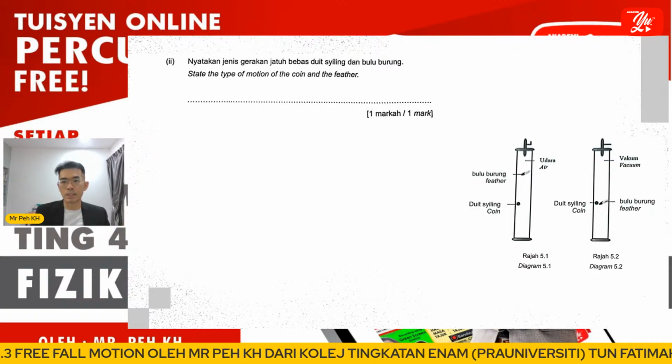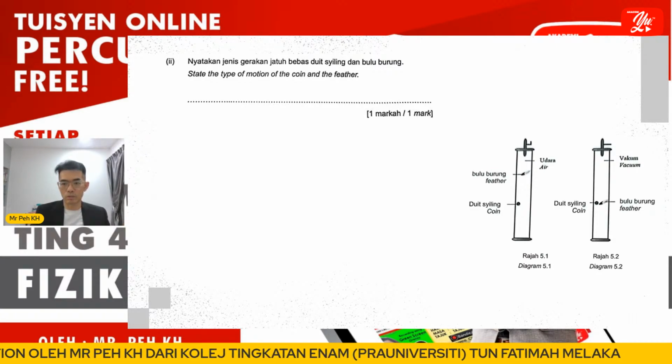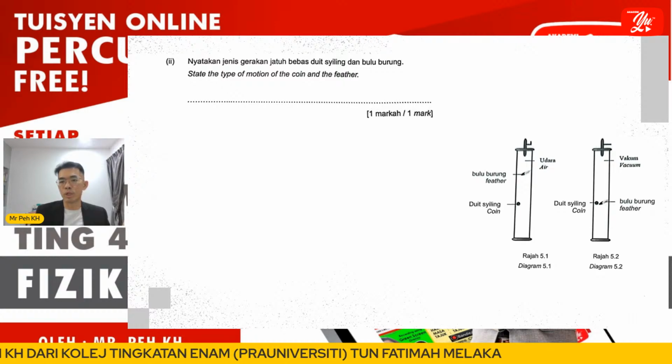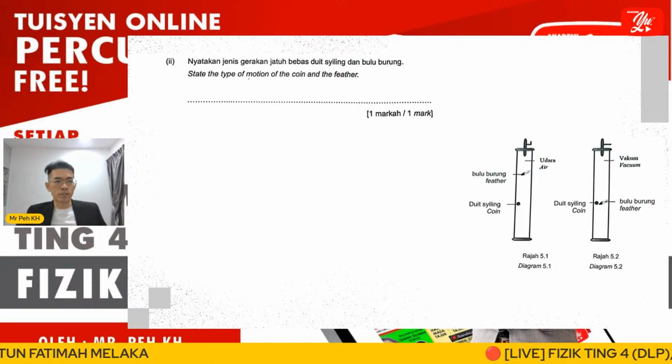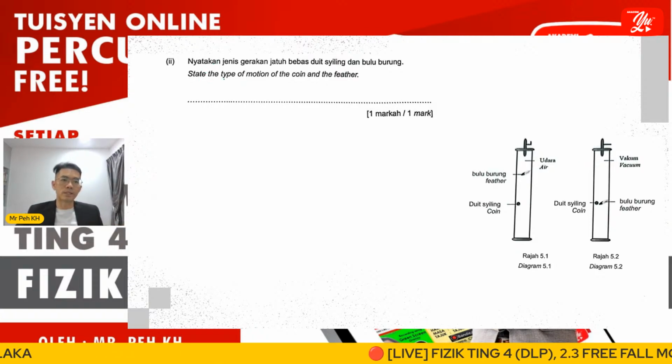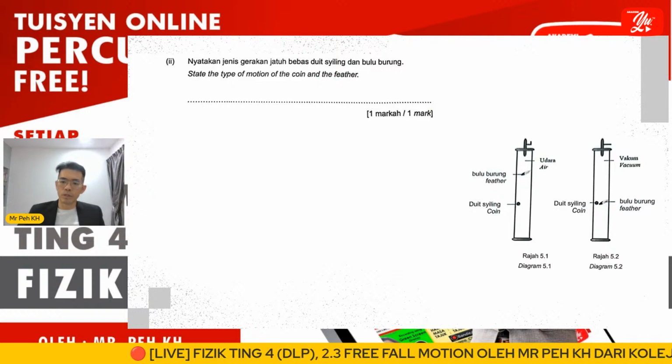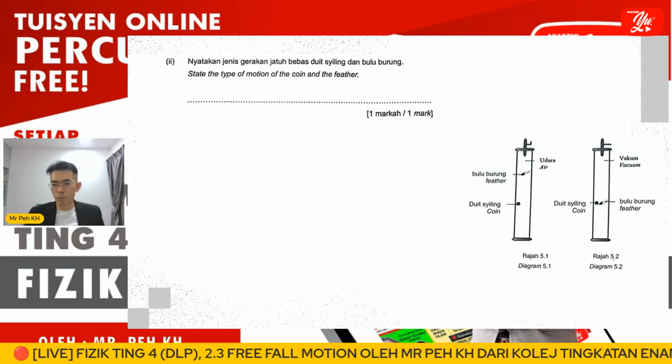Question number 5 is a conception question where you will see two diagrams, and we want to do a comparison between these two diagrams. The second question asks you to state the type of motion of the coin and the feather in diagram 5.1 and 5.2.